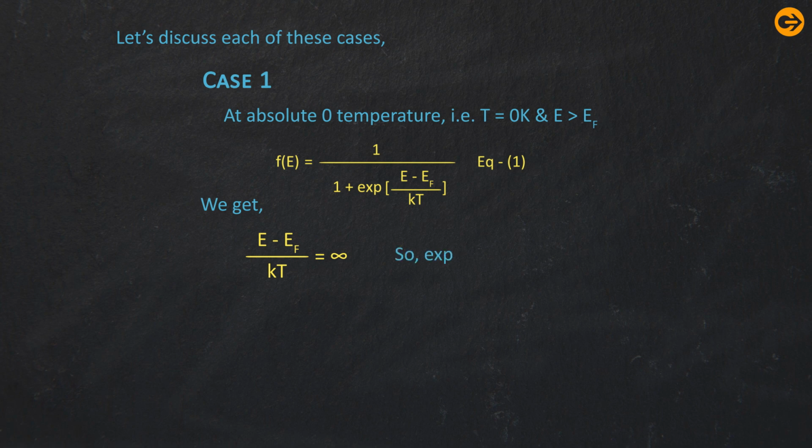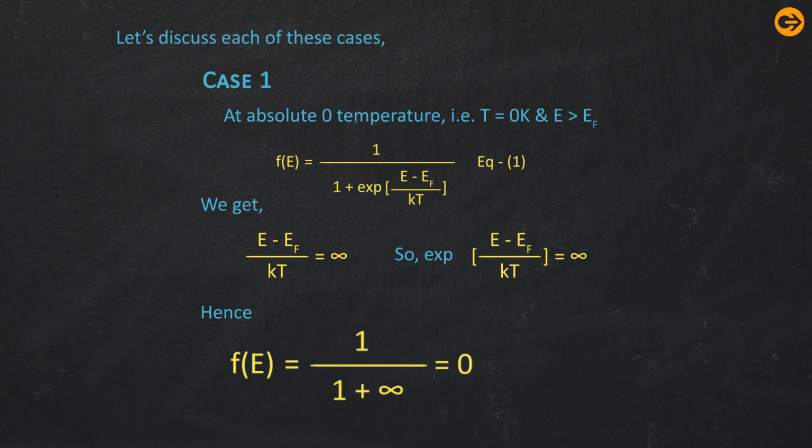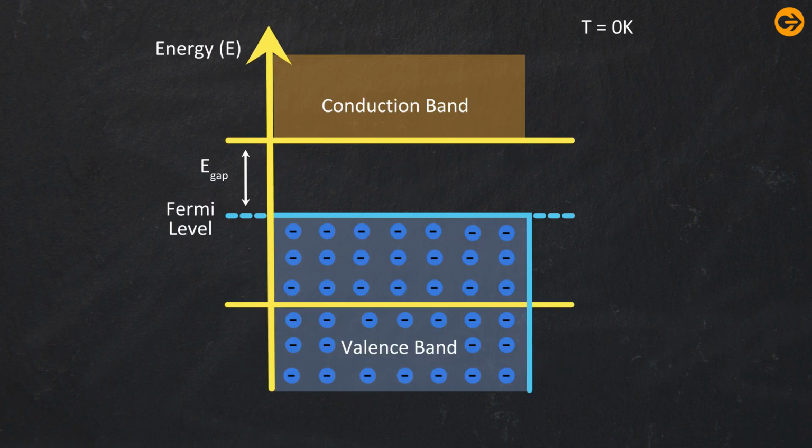So exponential of E minus Ef by kT is equal to infinity. Hence, Fe is equal to 1 by 1 plus infinity, which is equal to 0. Hence, the energy level above the Fermi level has no electron.